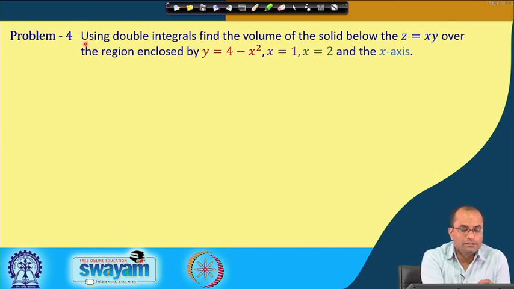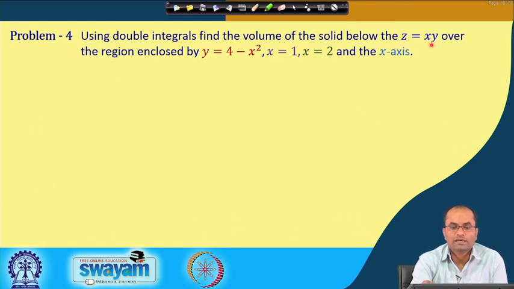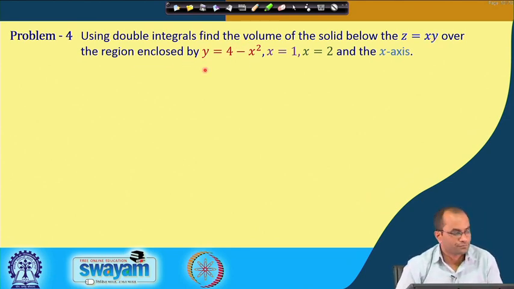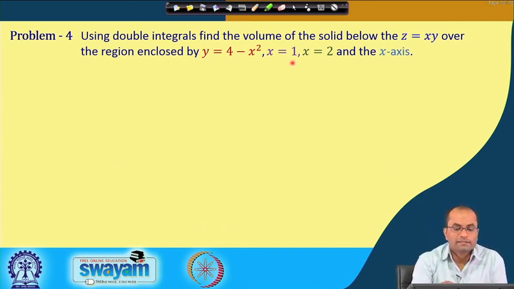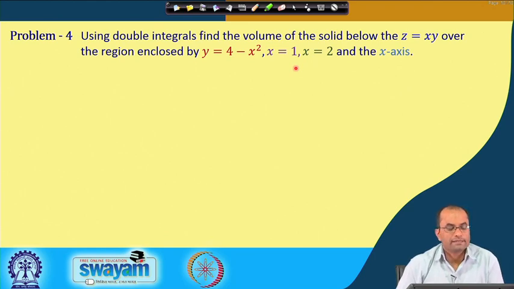So, here, using double integrals, we want to find the volume of the solid below the surface z is equal to xy. So, we have this z is equal to xy surface over this region, which is enclosed by this parabola, y is equal to 4 minus x square, and x is equal to 1 and x is equal to 2.